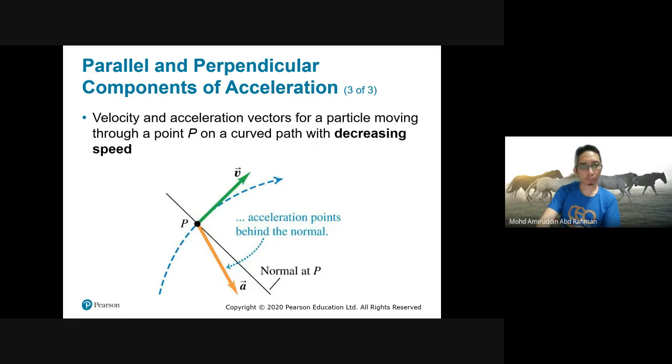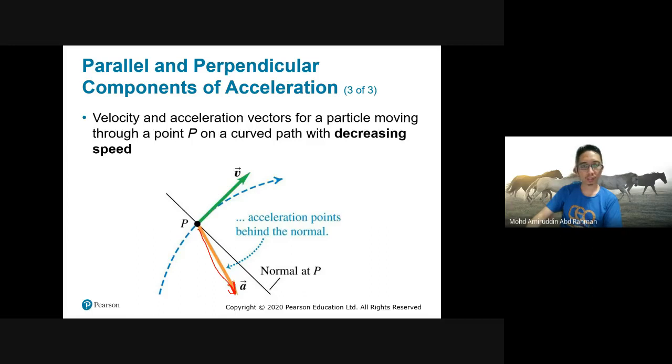But when the velocity decreases, the vector A will point more downwards.